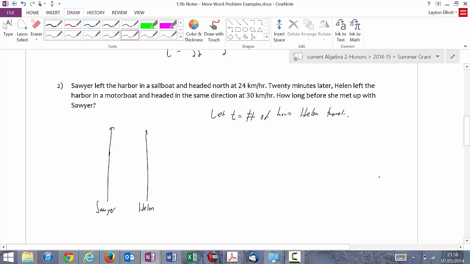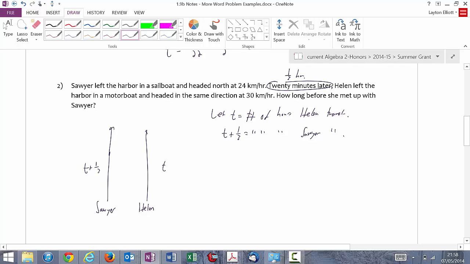So if t is the number of hours that Helen travels, then t plus some time, because Sawyer left earlier, so he travels more time. Now it wouldn't be 20, it would be 1/3, because 20 minutes is 1/3 of an hour. So Sawyer is t plus 1/3, and Helen is just t.